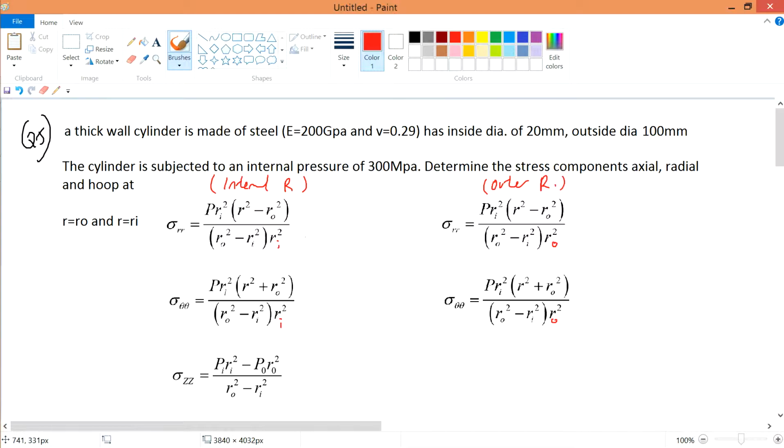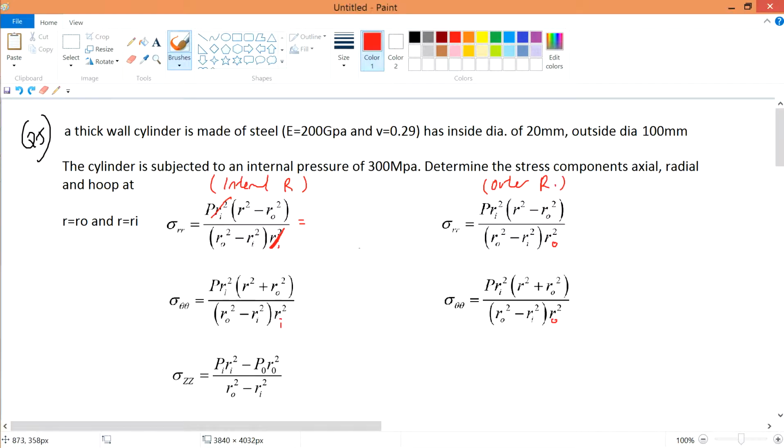If I were to solve for this with r_i over here now, I can just simply cancel r_i and r_i because they are actually the same. I'm doing it for the internal radius now, because this is the one they want us to do. And we don't actually need to calculate sigma rr separately, because if it's pressure in only, sigma r is just equivalent to sigma rr.